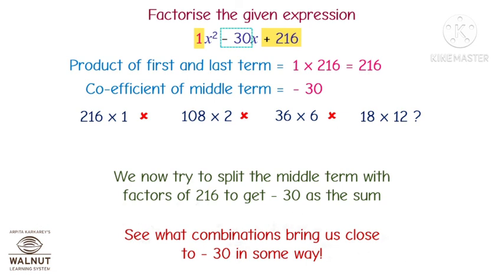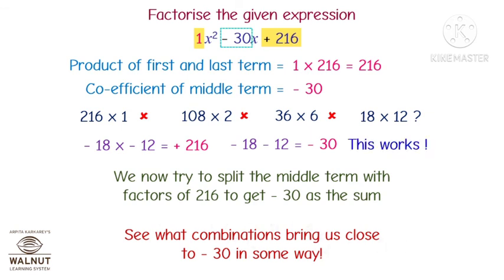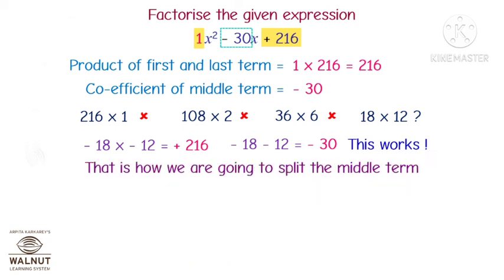Let's see. Minus 18 into minus 12 is equal to plus 216, and minus 18 minus 12 is equal to minus 30. This works. That is how we are going to split the middle term.